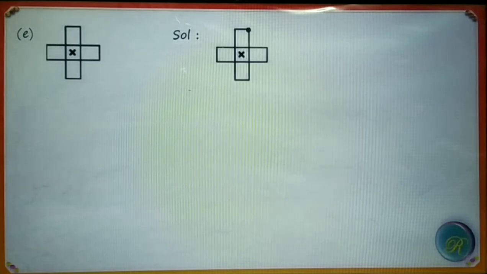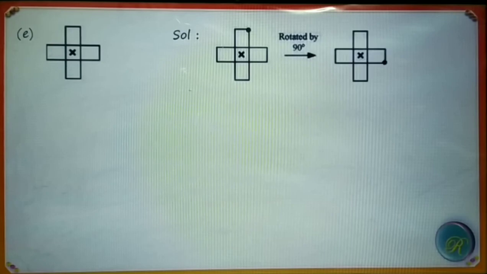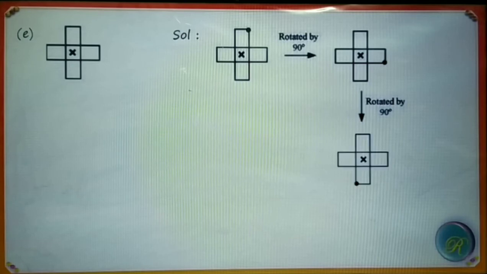Figure E. Solution. Consider the given figure. When we rotate this figure about 90 degrees, then the next position will be like this. Again, by 90 degrees, the next position will be like this.